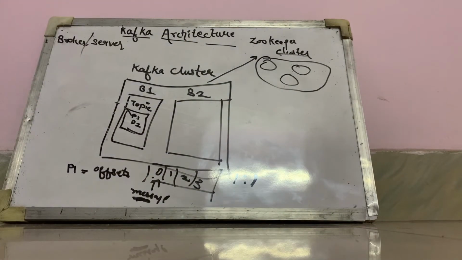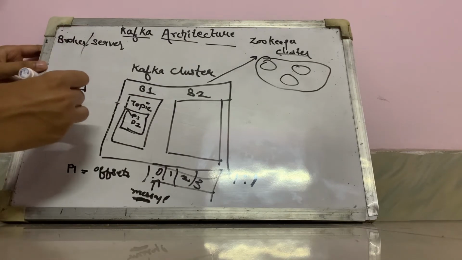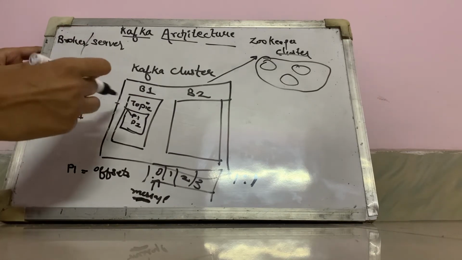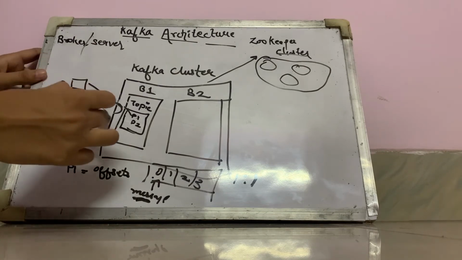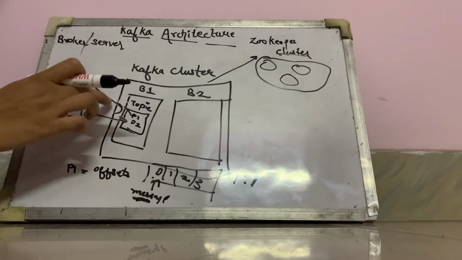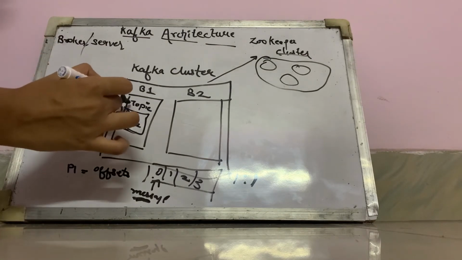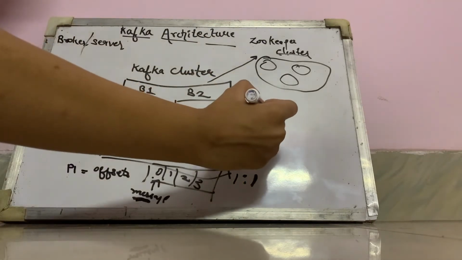Then we have producers, which produce messages to the topics. Producers can produce messages either at the topic level or at the partition level. Then we have consumers.